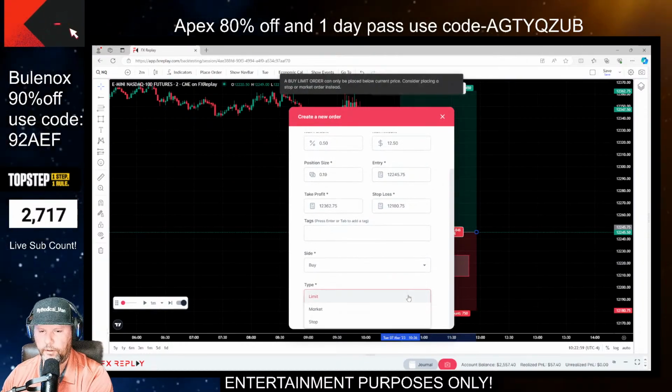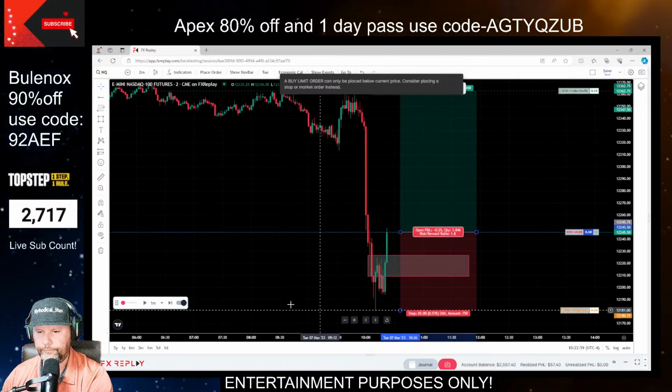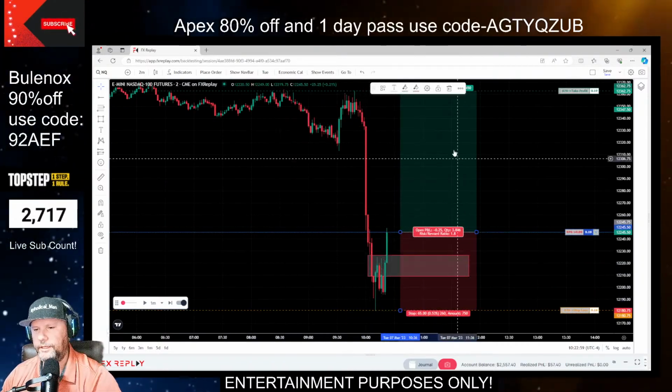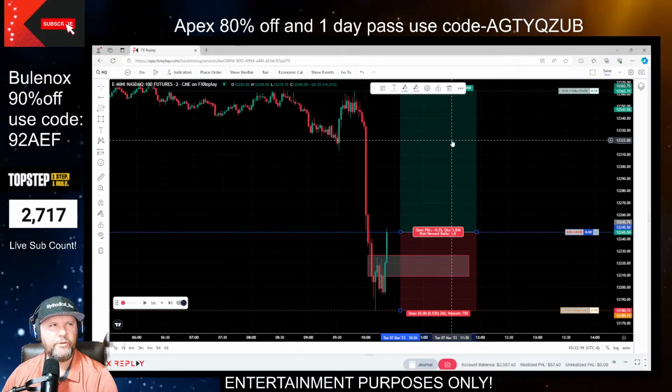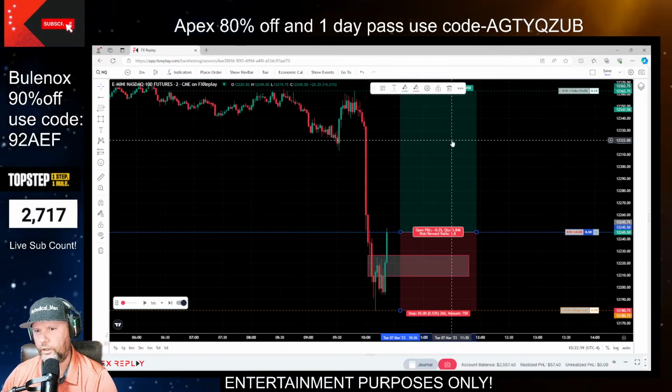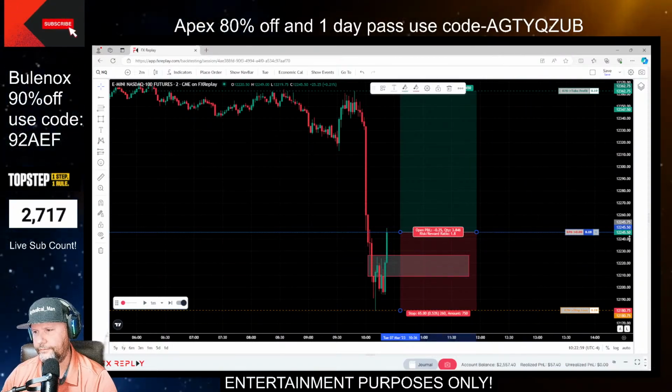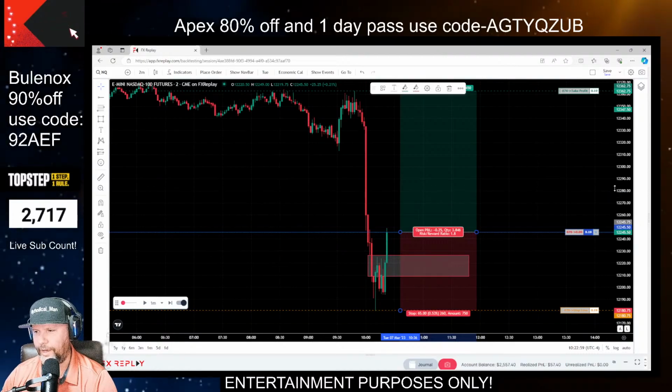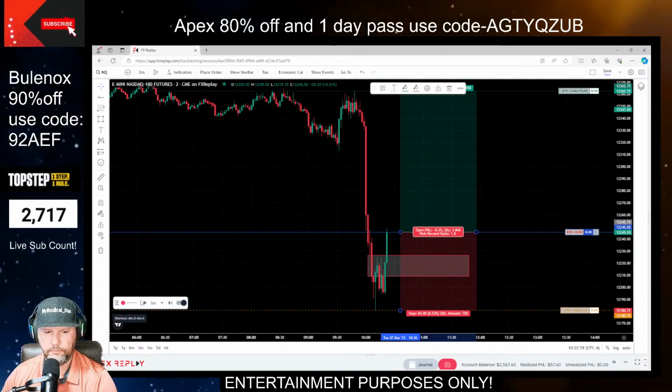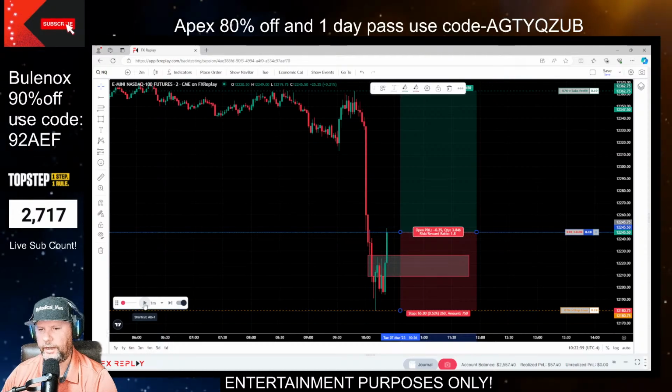Oh yeah, it needs to be a market. All right, so on this one, that's going to be one of those ones where it's like, where do you move your stop to break even? Probably like 280s, somewhere in there. There's no clear area on this one.